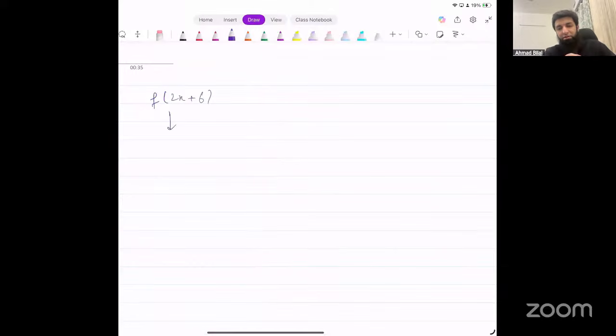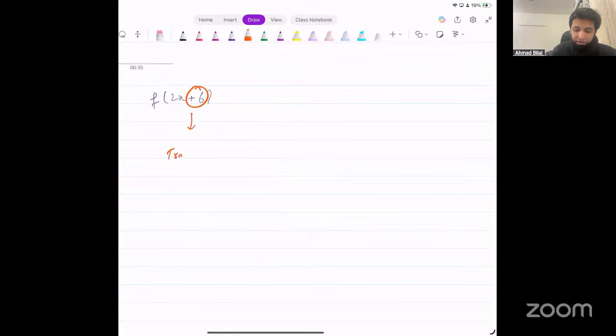This is horizontal transformations, right? What's the order in horizontal transformations? हम BODMAS का उल्टा करते हैं, right? Opposite of BODMAS. What does BODMAS say? तो x के साथ BODMAS क्या कहेगा? We should multiply by 2 first and then add 6. हमने उल्टा करना है उसका, तो हम ये 6 पहले करेंगे.